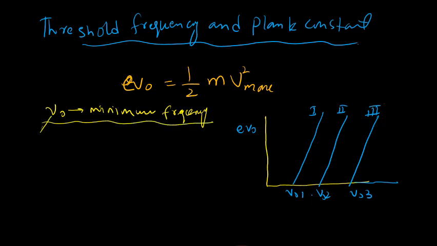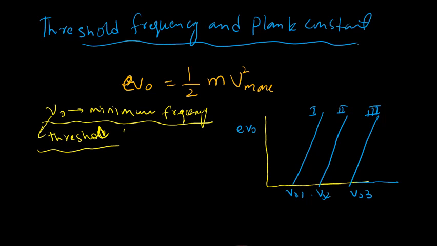This is the critical frequency, called the threshold frequency, which is needed to emit the electron from the metallic surface with zero kinetic energy.